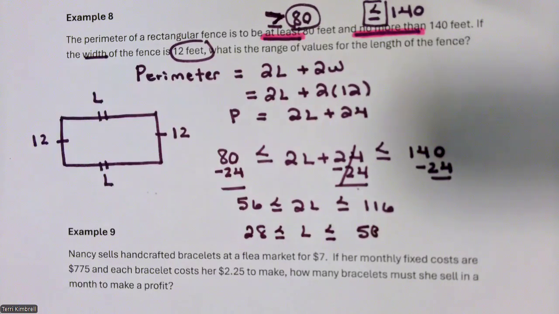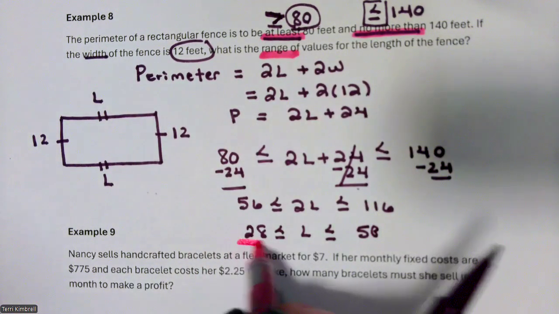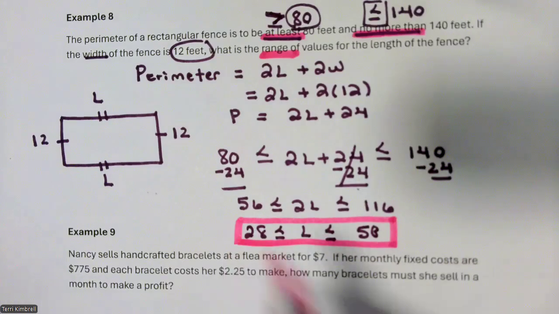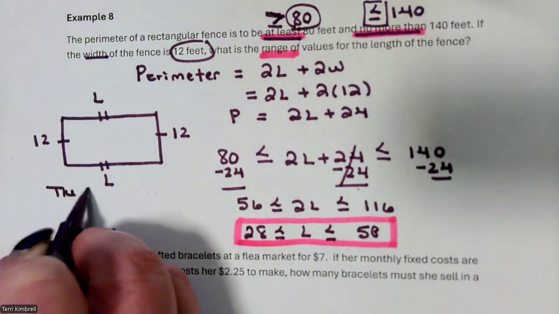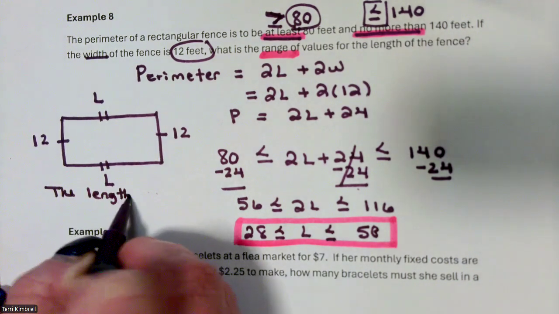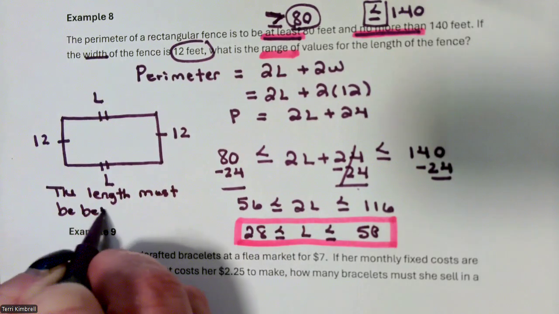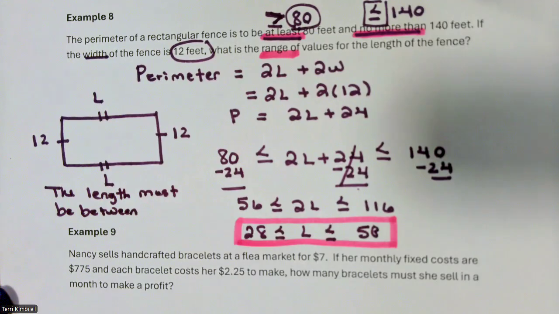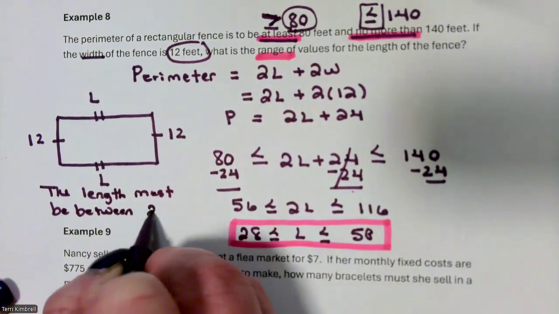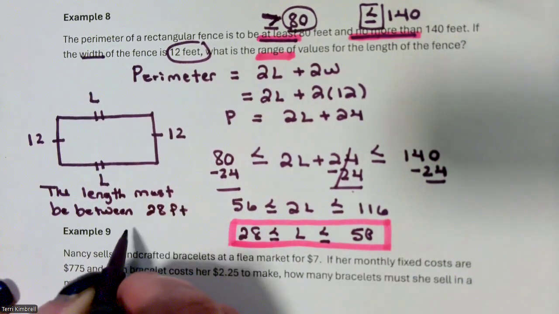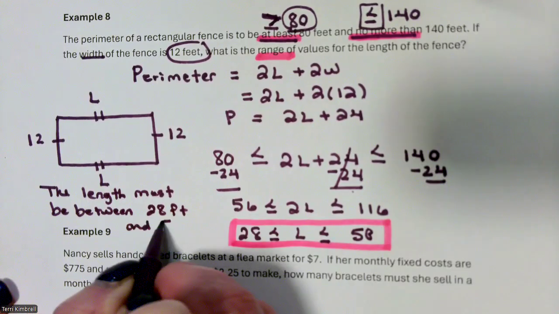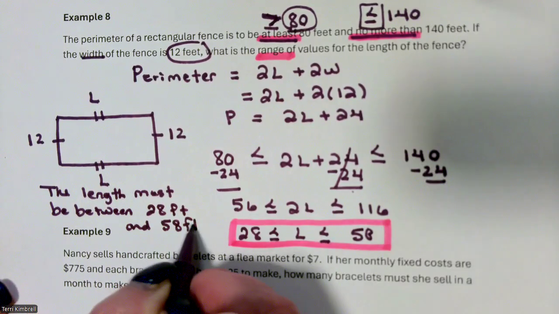So what this tells us is the range for the length needs to be between 28 and 58 feet. So the length must be between 28 feet and 58 feet.